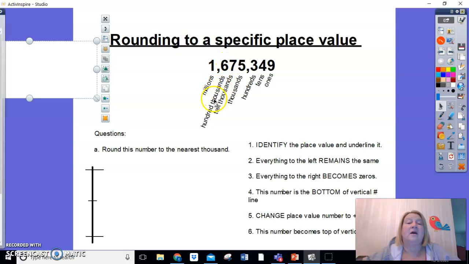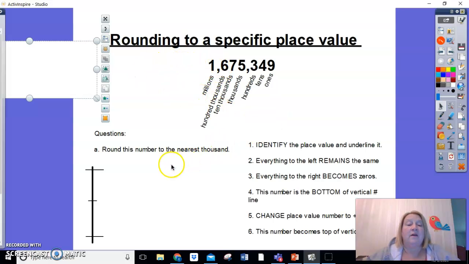And then there's another comma dividing the thousands period from the millions. And here's the millions. And it continues 10 millions, 100 millions, and another comma. So every 3 digits, there's a comma. This is the ones, tens, and hundreds here. This is the thousands. This is the millions, and it would go on to billions and trillions.